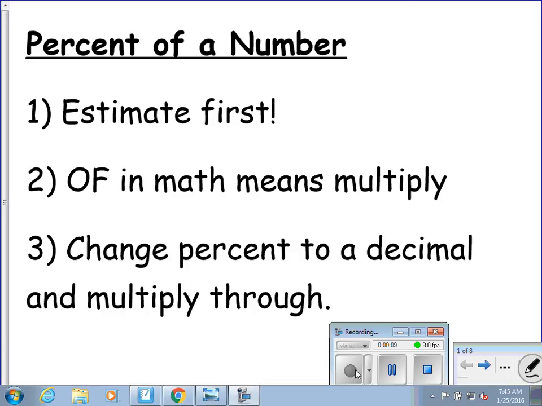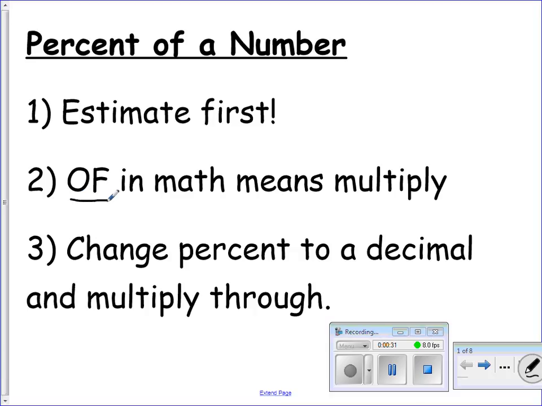Here are just a few basic guidelines that we need to review first when finding the percent of a number. As we go through, what I want you to get in the habit of doing is estimating first. If you estimate, you have a good idea of what your answer should be about. The next thing that we need to review is that of in math means to multiply.